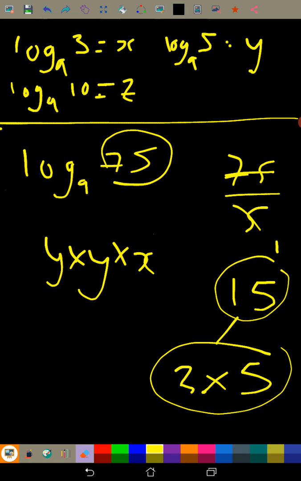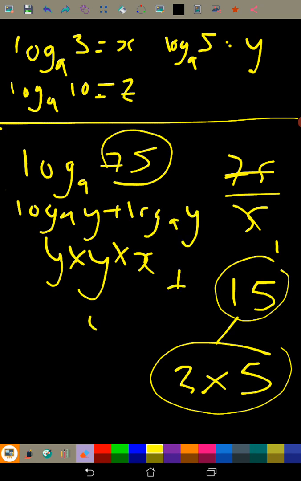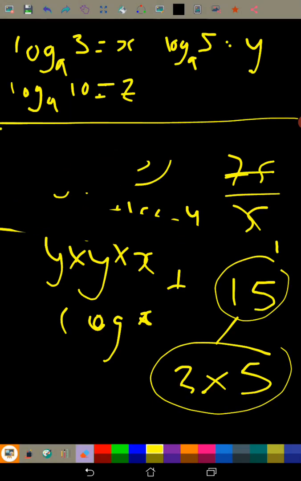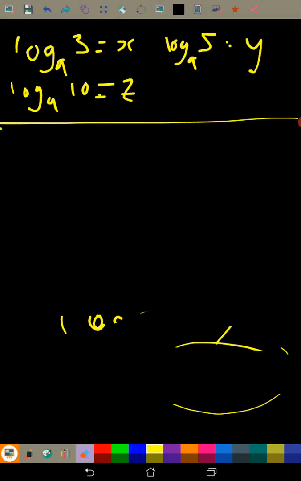So you have basically log a y plus log a y plus log a x. So that's true. Let me rewrite it in a more presentable way.